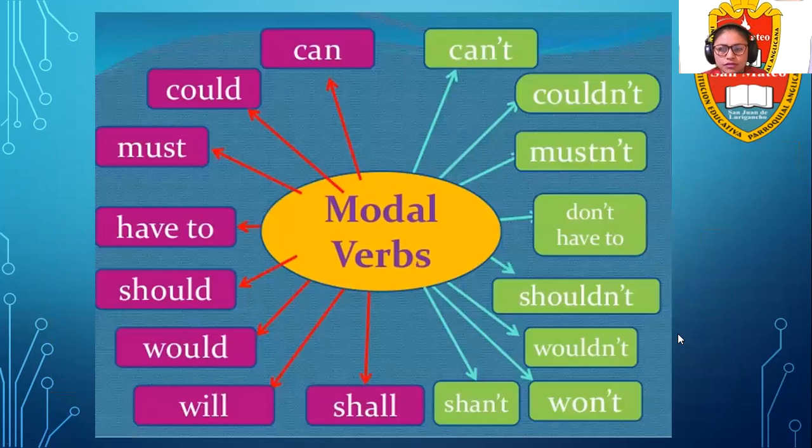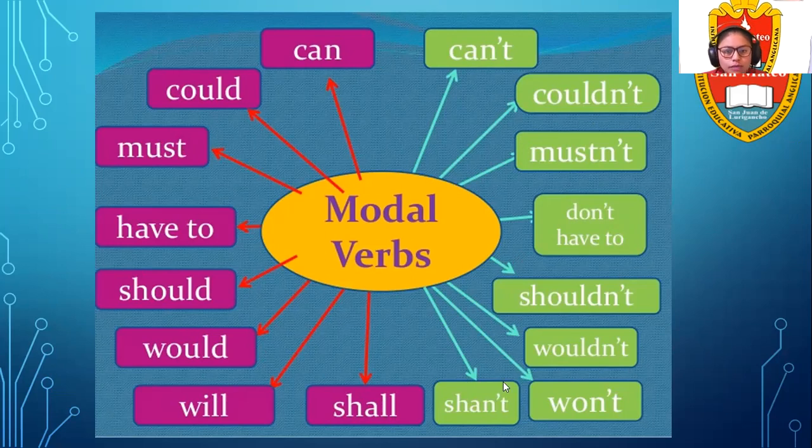For example, here we have the different modal verbs. We have can, in the negative can't, could, couldn't, must, mustn't, have to or don't have to in the negative, should, in negative shouldn't, would, wouldn't, will, won't, shall, shan't.